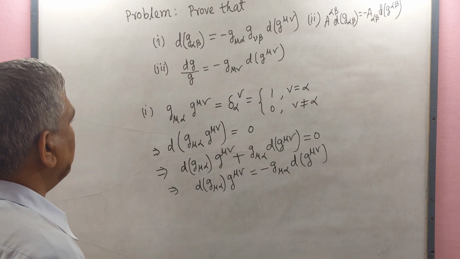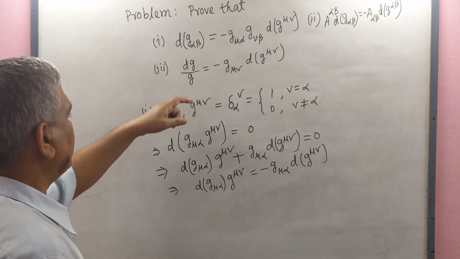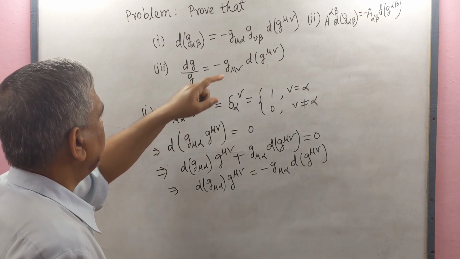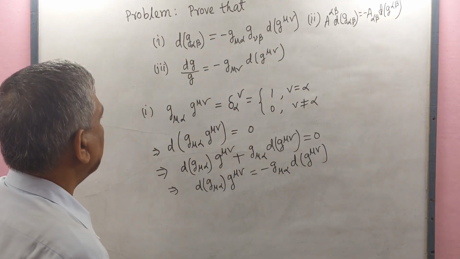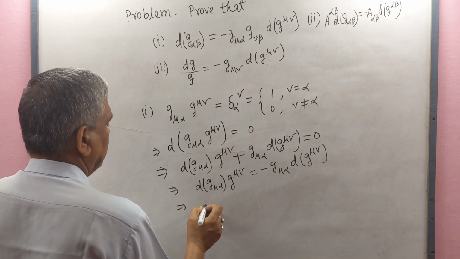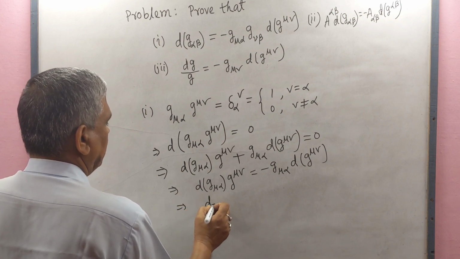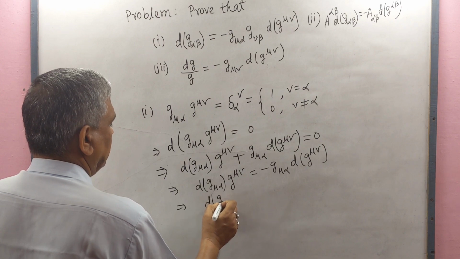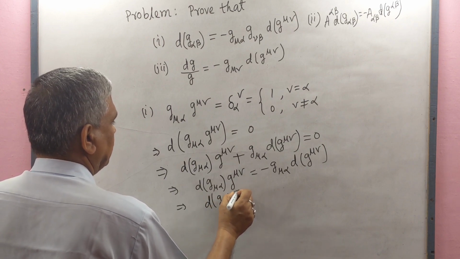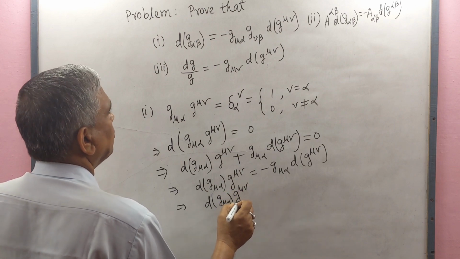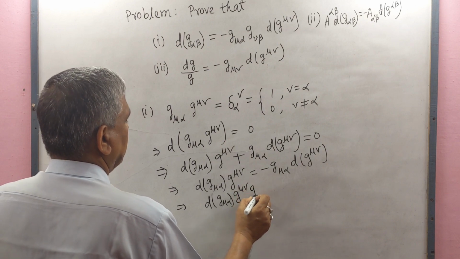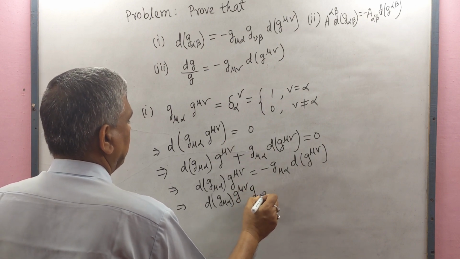Now multiplying both sides by g^nu beta, this implies that d g^mu alpha g_mu nu g^nu beta.